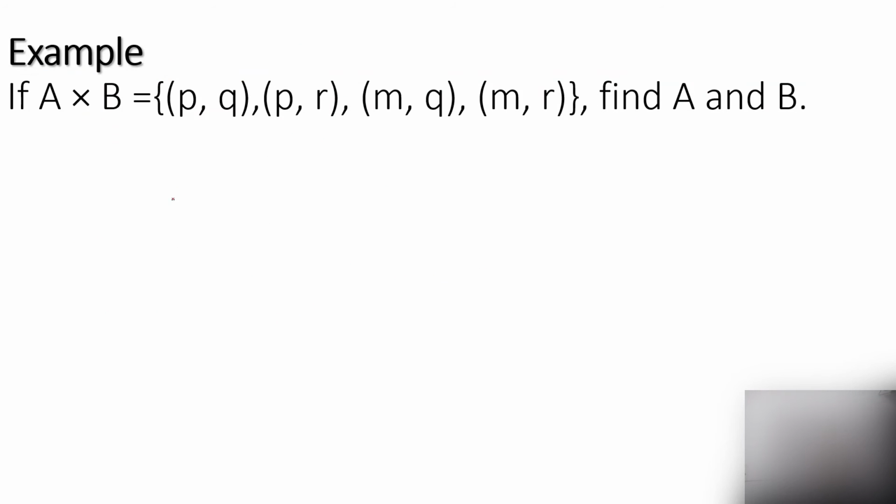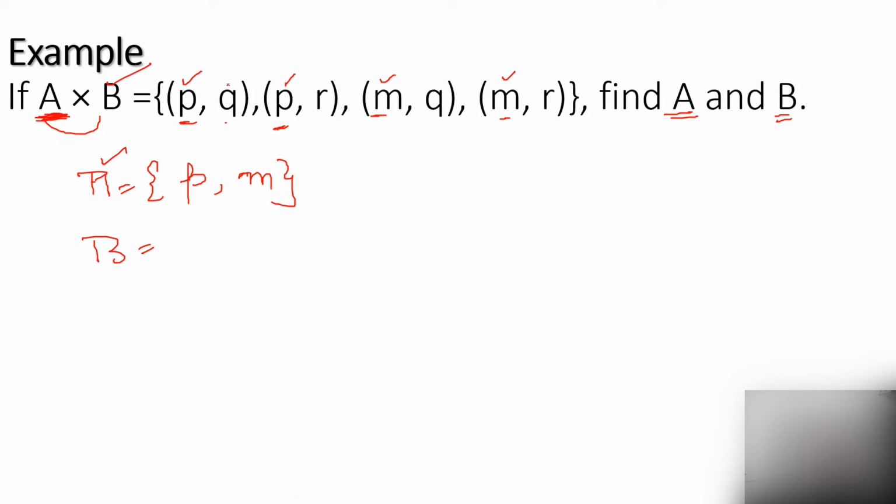Next is, if A cross B is equal to {(P, Q), (P, R), (M, Q), (M, R)}, we are supposed to find set A and set B. As A cross B means all the elements of set A belong to the first member, and if we see P, P, M and M, it means the members of set A are P and M. Now set B means second members: Q, R, Q, R. And we have to write distinct elements.